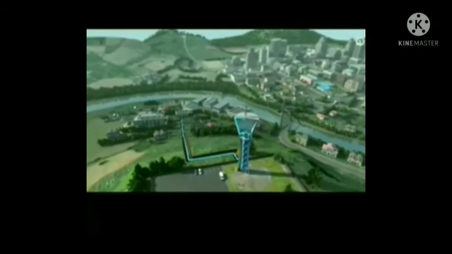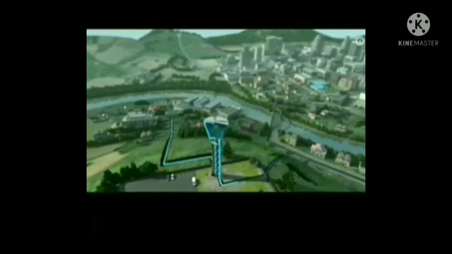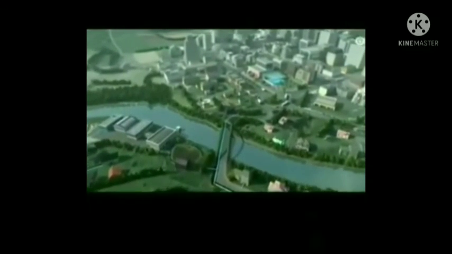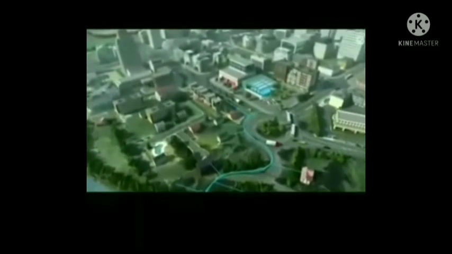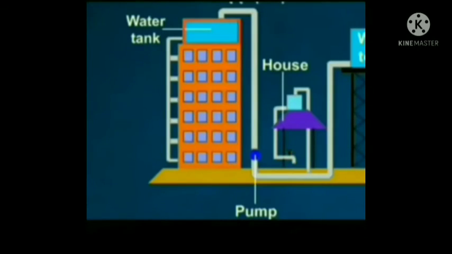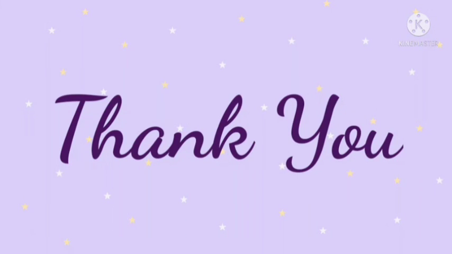A water tank is usually built on the terrace or at the top of a house to store water and maintain constant water pressure. This is because the greater the height of the tank, the greater will be the pressure of water in the taps of the houses.